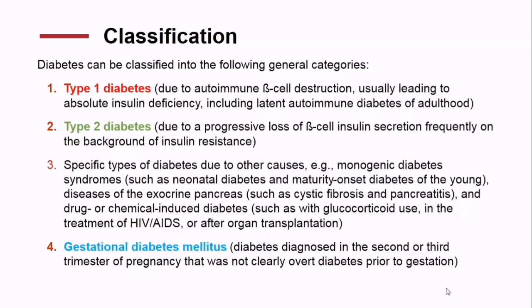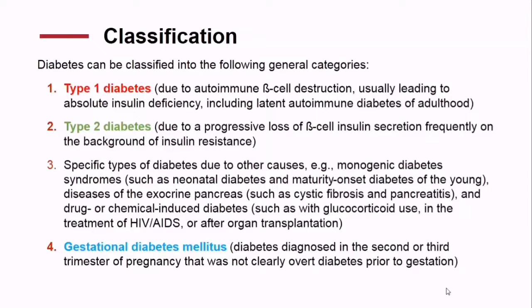And there is also one important variety of diabetes, that is the gestational form of diabetes mellitus, which is seen in pregnancy. Diabetes is diagnosed in the second or third trimester of pregnancy, and it was not clearly overt diabetes prior to gestation.